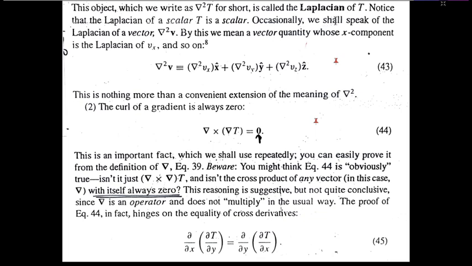Occasionally we shall speak of a Laplacian of a vector. It's a very rare event when you are finding the Laplacian of a vector. Okay, the second option is the curl of a gradient. So I told you in the beginning, one is a divergence of a gradient and the second one is a curl of a gradient.